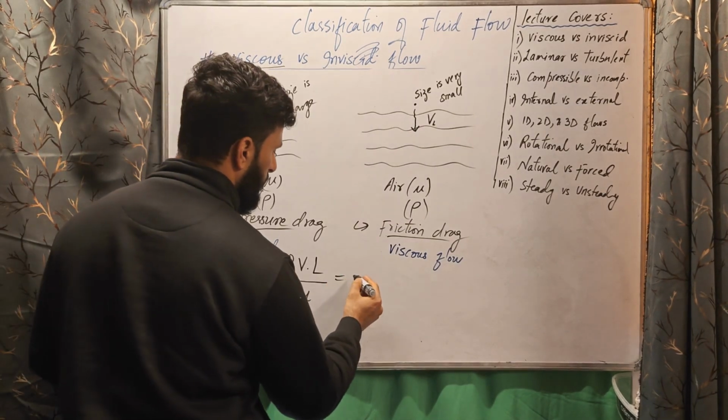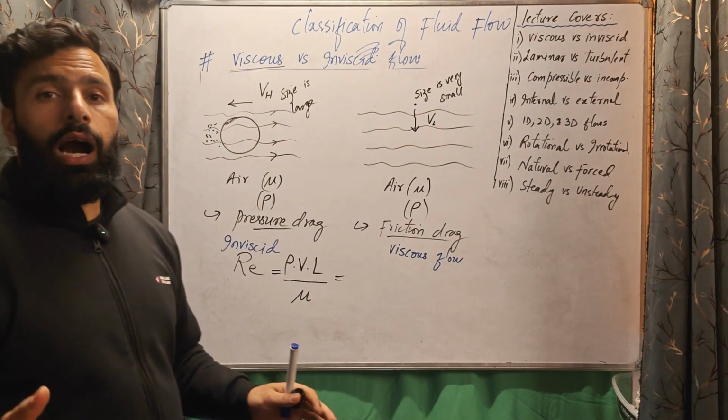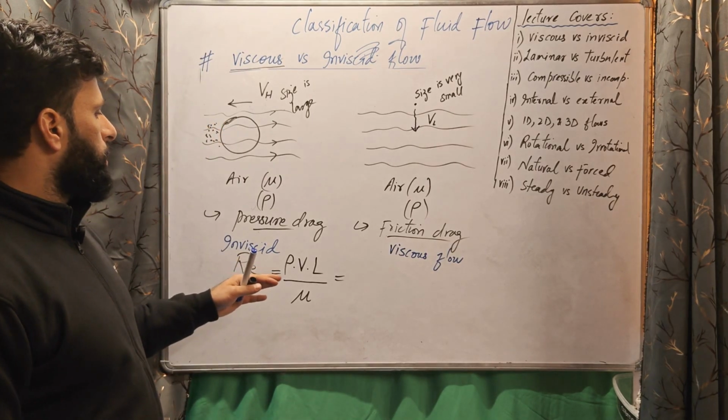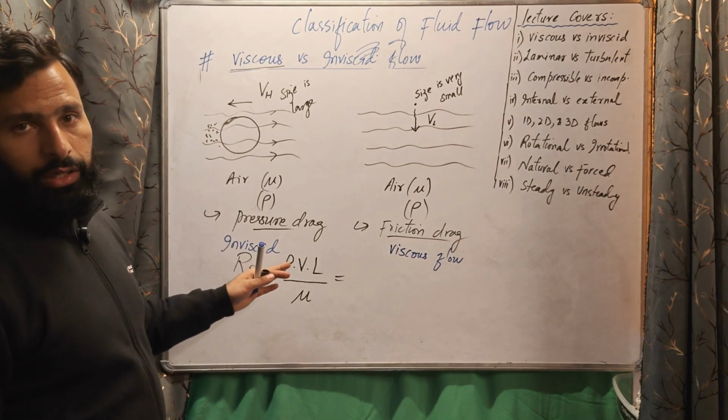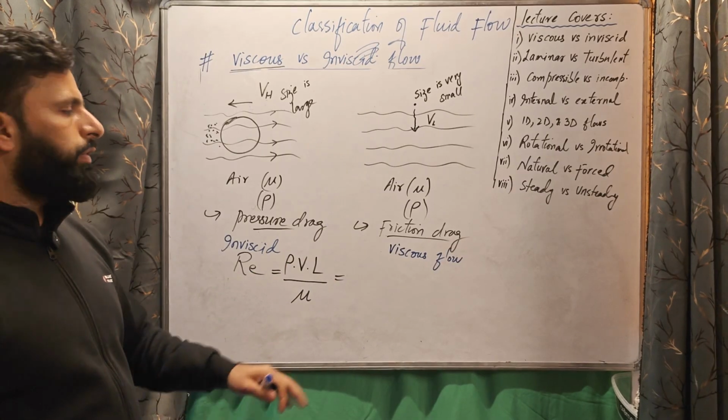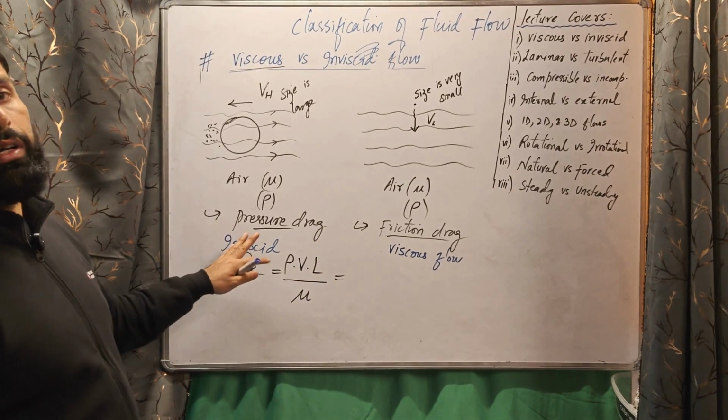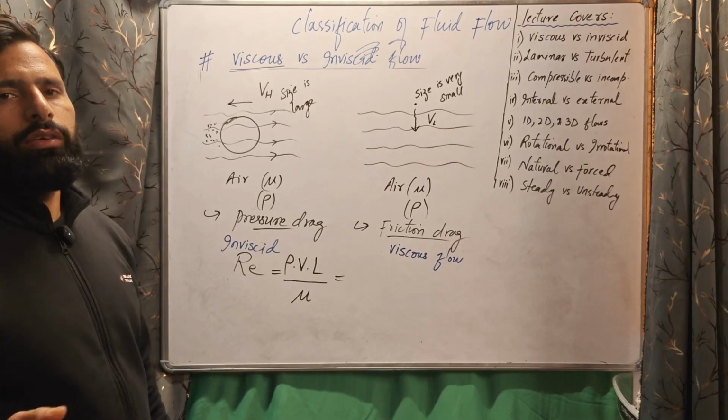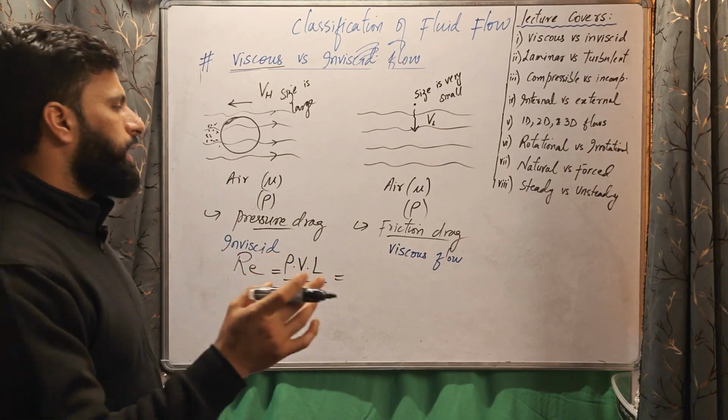After calculating the value of Reynolds number, how do we decide whether in this particular case frictional effects are significant or not significant? And for that we have a rough value. There is not a sure boundary that decides.